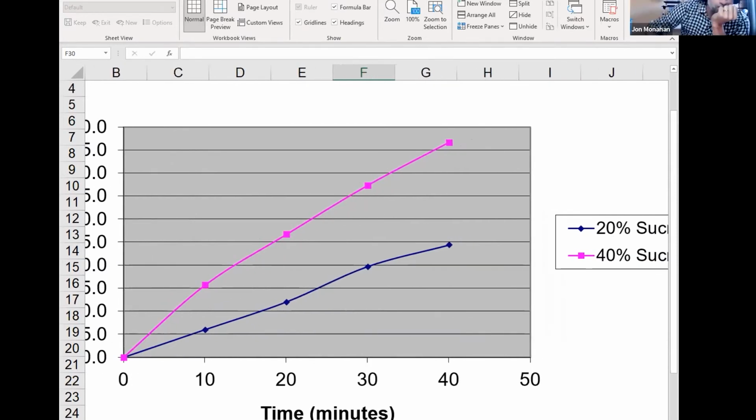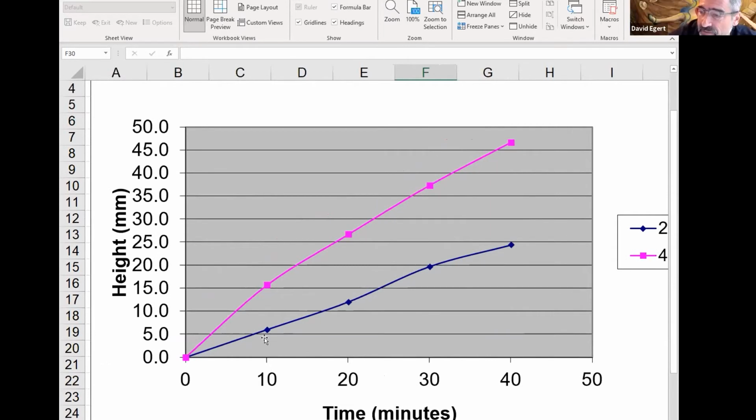Yep. It's saying at 10 minutes, the 20% was 5 mils up, but the other one was twice as high. At almost each point, you can see the 40% one is twice as tall as the 20%, which makes sense. If you have water coming in faster, it's going to go up higher in the same amount of time. That should make sense.